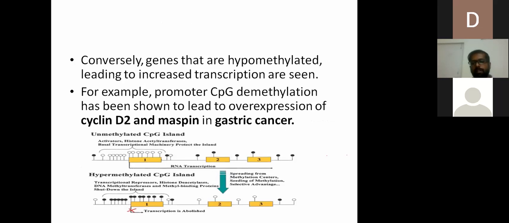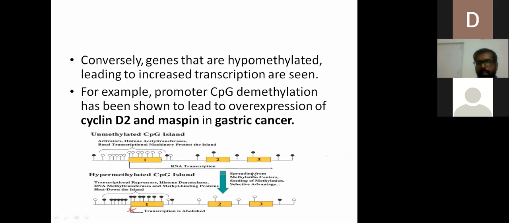So it is not always that unmethylated states are present in normal cells. In certain places, certain other epigenetic materials, they may be in CpG, may be in a hypomethylated state. For example, promoter CpG demethylation has been shown to lead to overexpression.